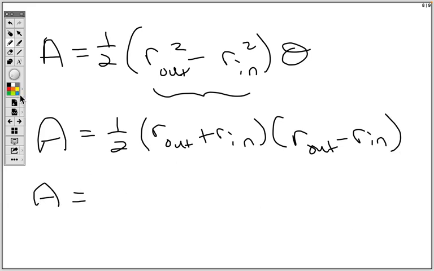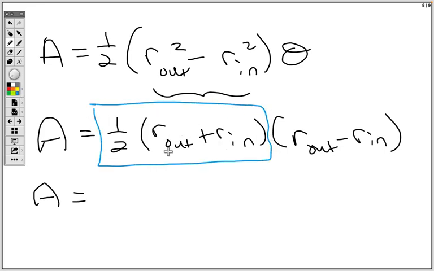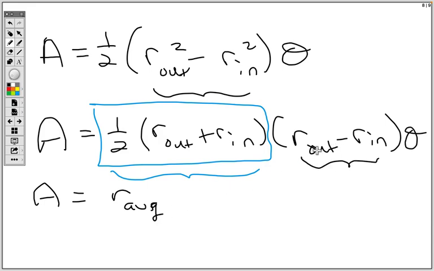Let's take a look at this first factor. I'm taking the outer radius and the inner radius, adding them up and dividing by 2. That's calculating the average of those two radii, so we'll call that the average radius. And then, oops, I forgot my theta. R out minus r in, that's the delta r, and then times theta.